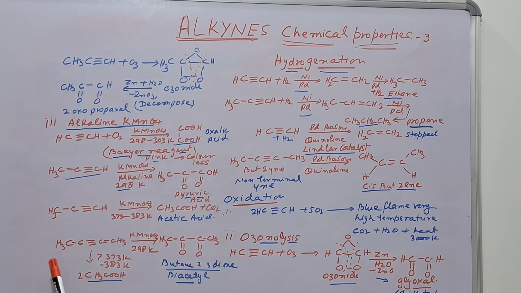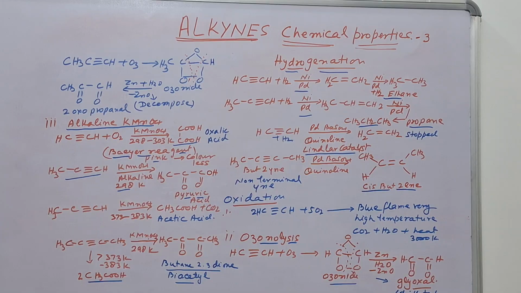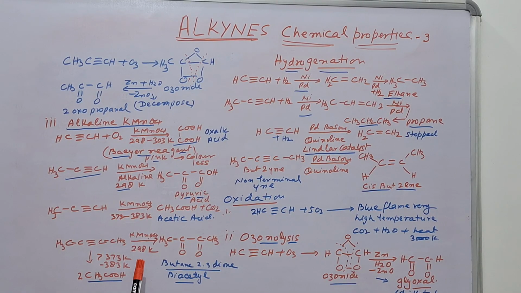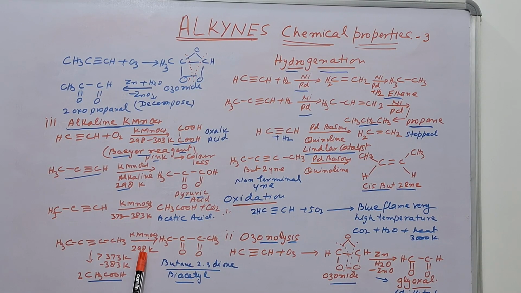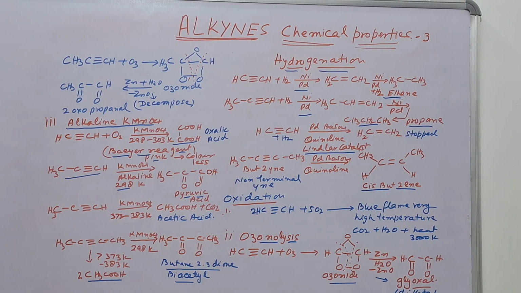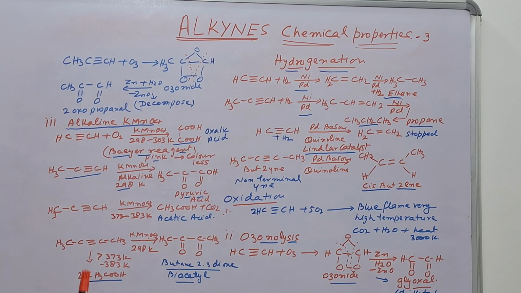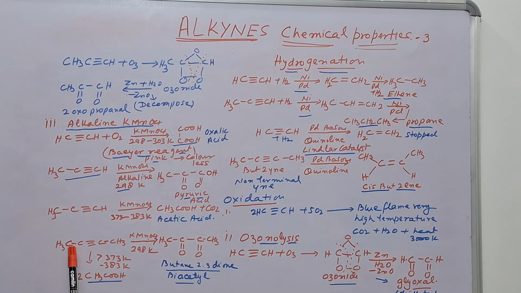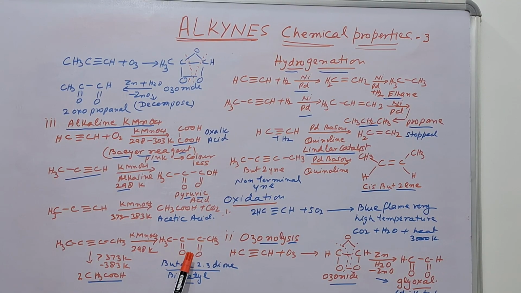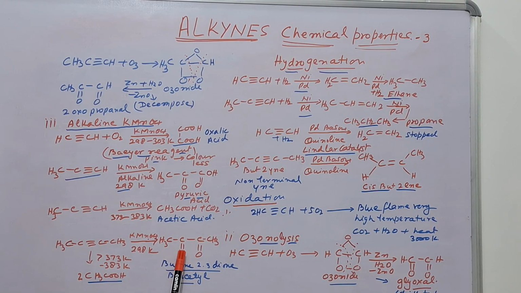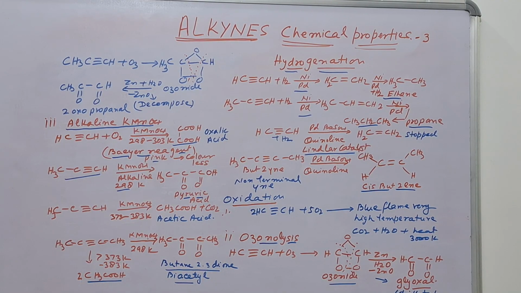Now, if we take the example of non-terminal ynes, that is but-2-yne, at low temperature it forms biacetyl, that is the diketo compound. At low temperature, this but-2-yne forms the keto compound, that is biacetyl or butane-2,3-dione.